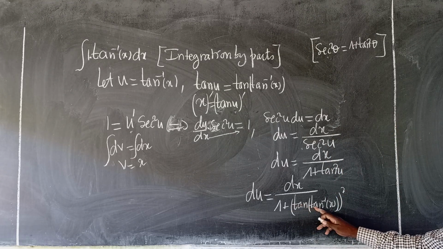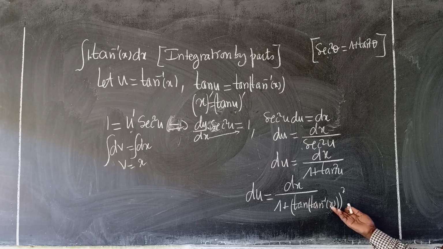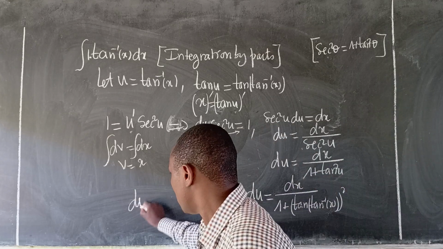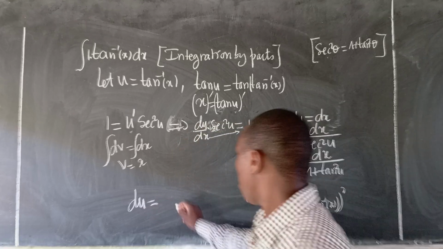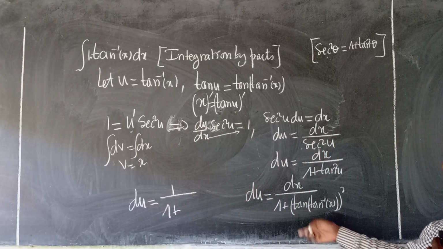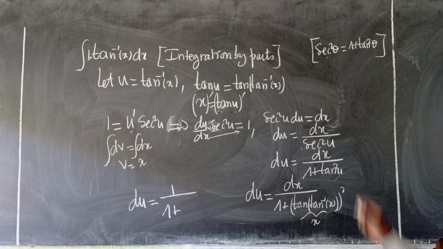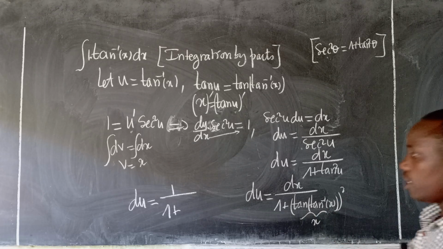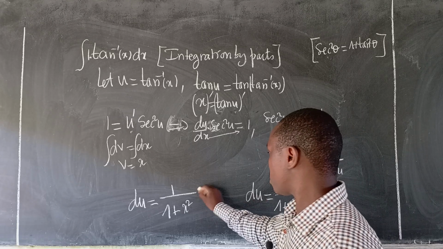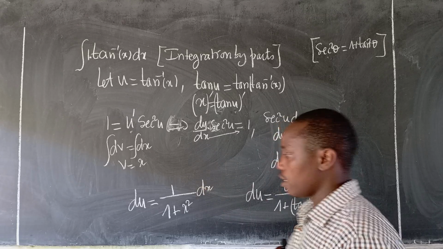Tan of tan inverse gives only x, so du is equal to 1 over 1 plus x squared, times dx.